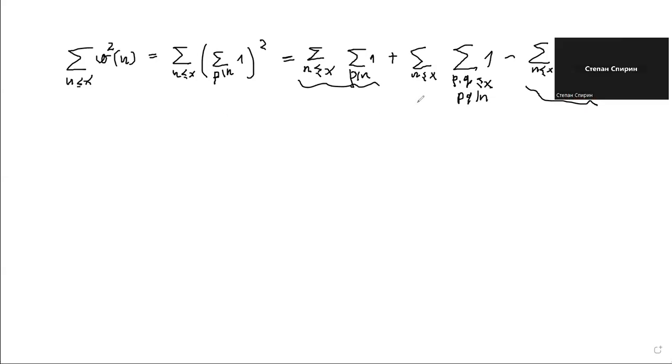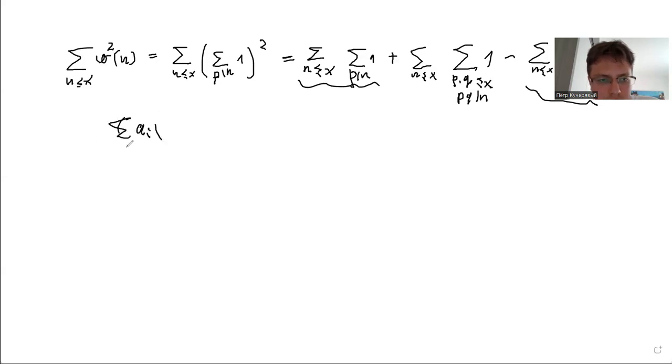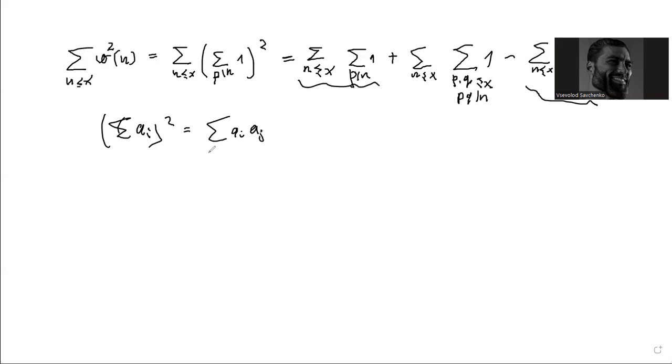Yeah, the formula is clear, but what comes after it? Can I get an explanation of where the very first term came from? Yes, we open brackets here, and we have 1 squared. So if you have a sum over a_i squared, it will be a sum over a_i a_j, i not equal to j, plus a sum over a_i squared.